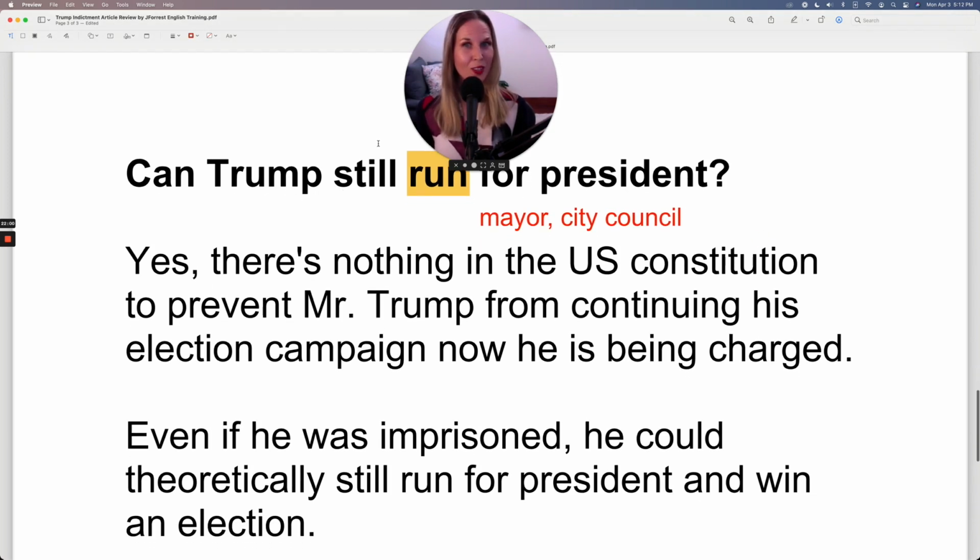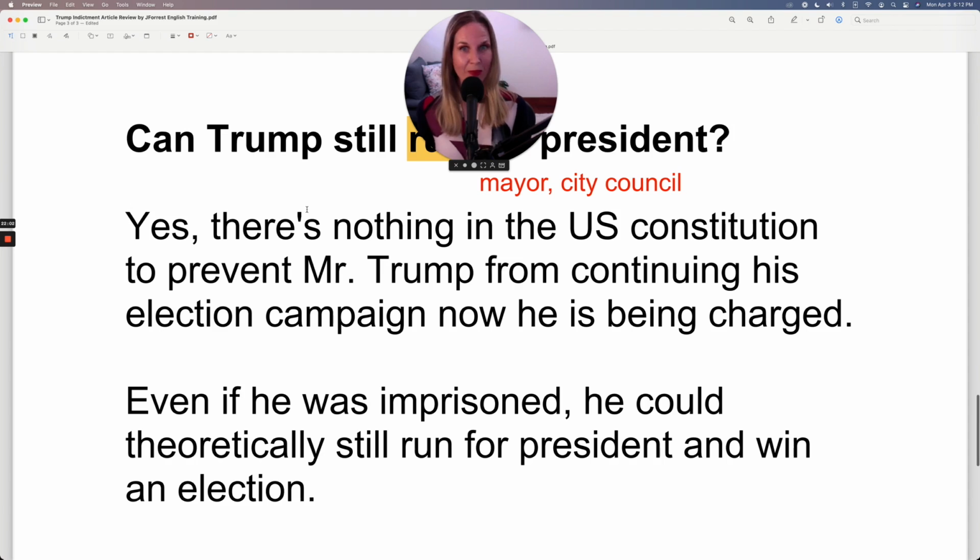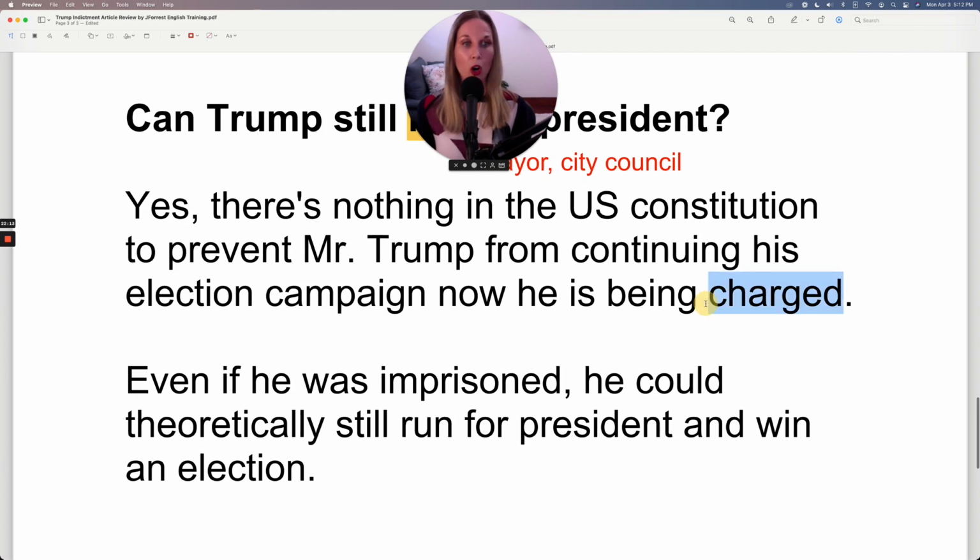So can he still run for president? Yes. There's nothing in the U.S. Constitution to prevent Mr. Trump from continuing his election campaign. Now he is being charged. Okay, so instead of charged, remember we could use our term indicted. Now that he's being indicted, same thing.